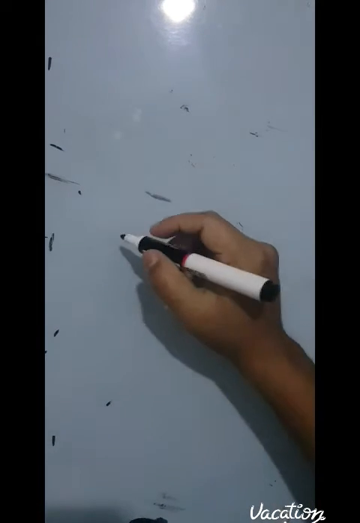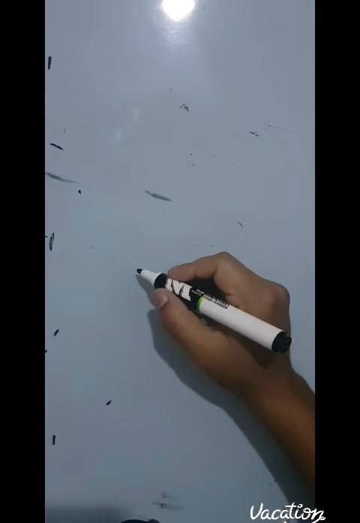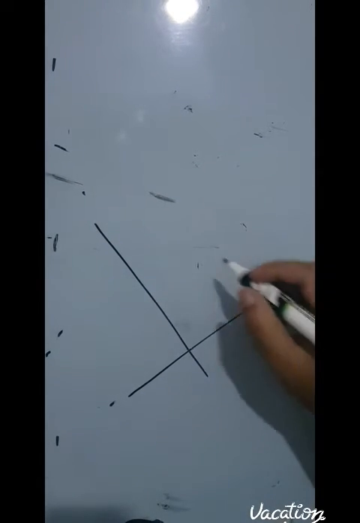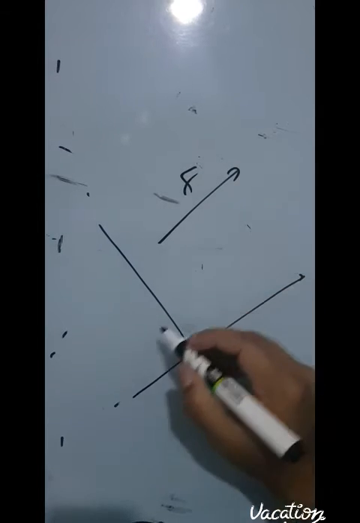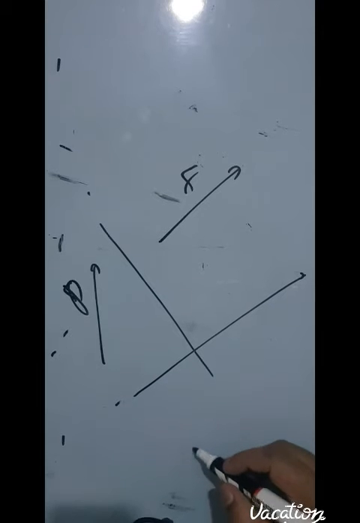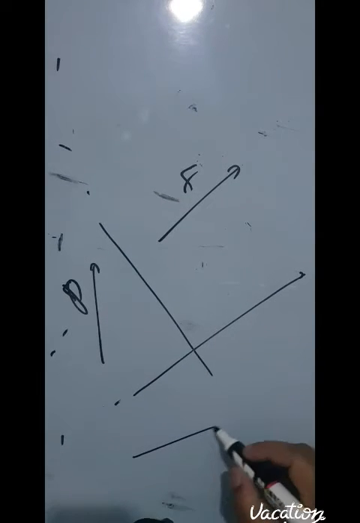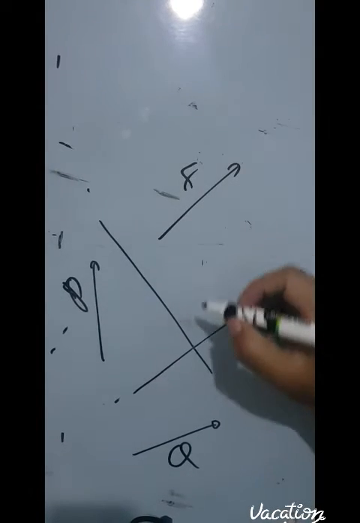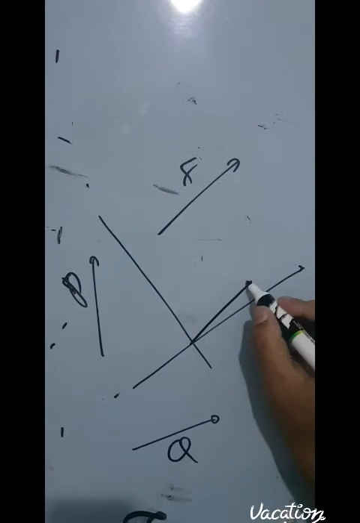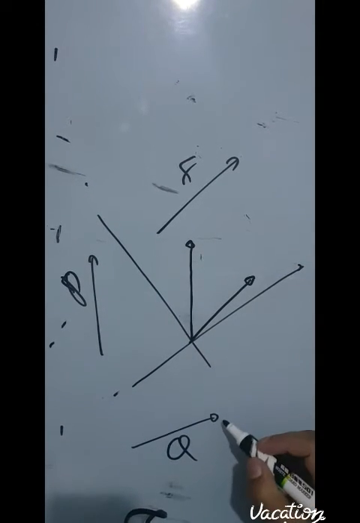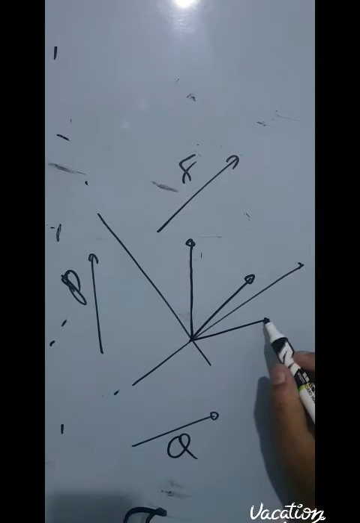Let's say that, sorry about it, let's say that we have like F, P, so many forces. I'm just gonna draw, this is Q, right? So we can transfer the force here, F, and P and Q transferred here, in this direction.